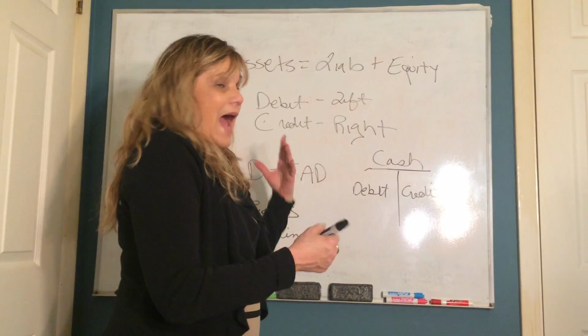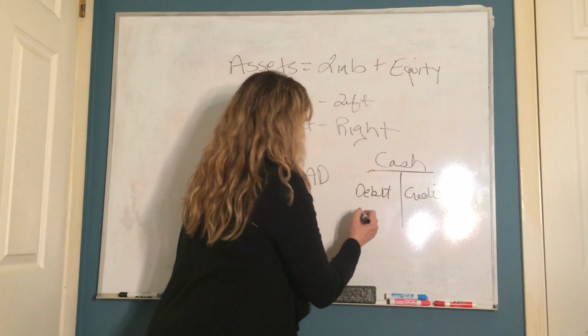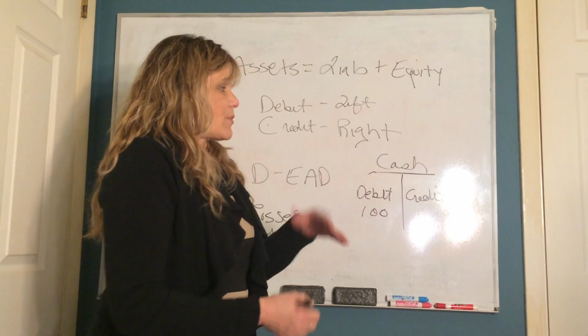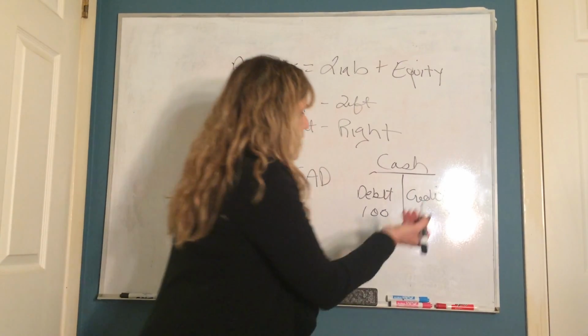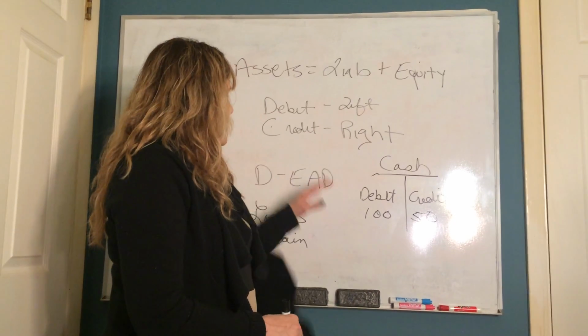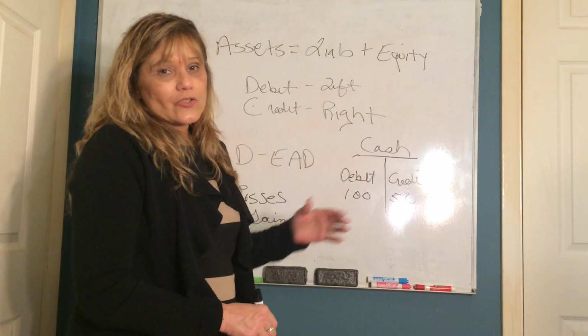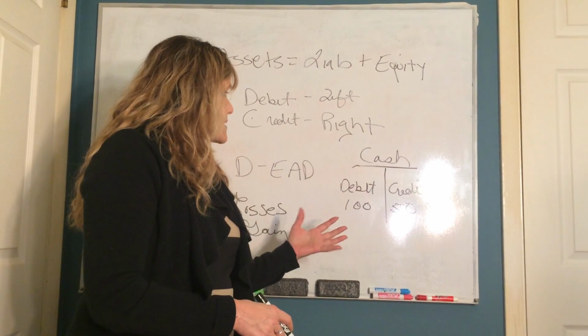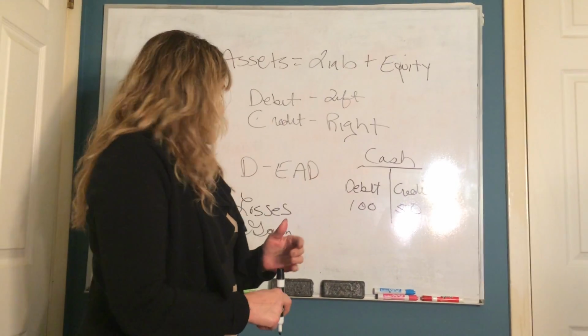That means if I got $100 of cash, I debit cash for $100. If I had to pay something, say with $50 cash, I would have to credit it. So again, it just depends on the type of account you're talking about as to whether debits will increase them or credits will increase them.